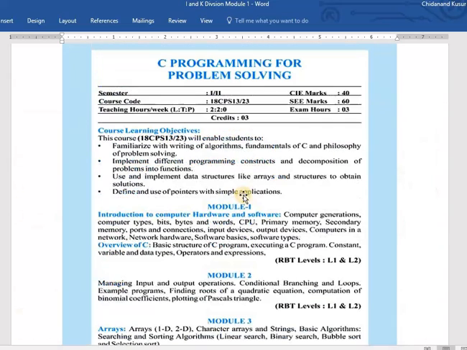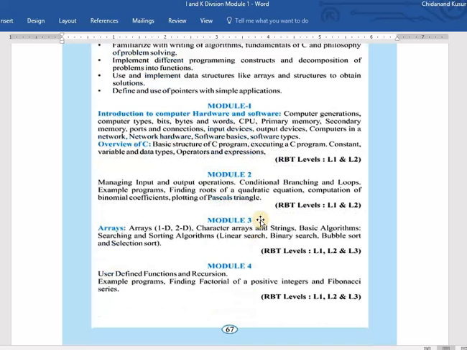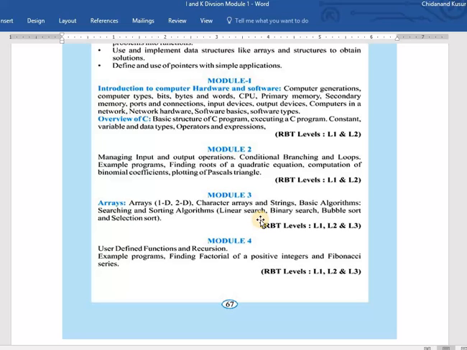And we are going to teach this subject for how many hours, do you know? 50 hours. I need to complete all the 5 modules in 50 classes. Being a teacher, I need to complete the entire syllabus within 50 classes. One class means 1 hour, so minimum I need 50 hours to complete the syllabus.